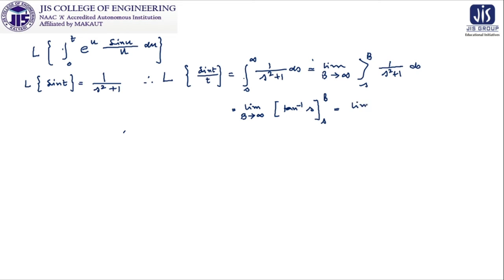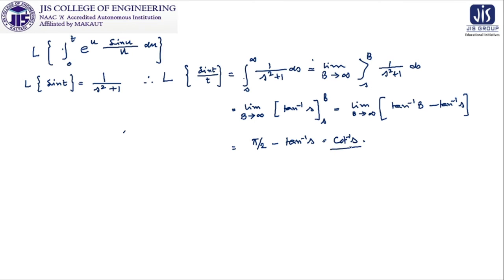In the next line, limit b tends to infinity, tan inverse b minus tan inverse s. So finally, putting the limiting value, we can write it as pi by 2 minus tan inverse s, which is equal to cot inverse s.